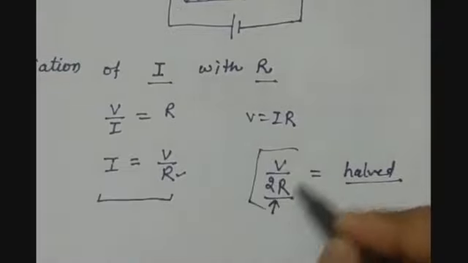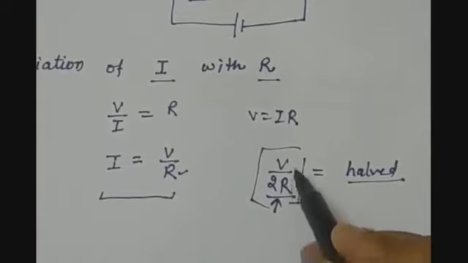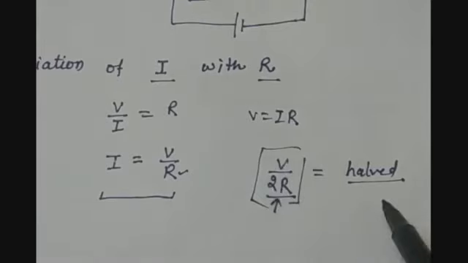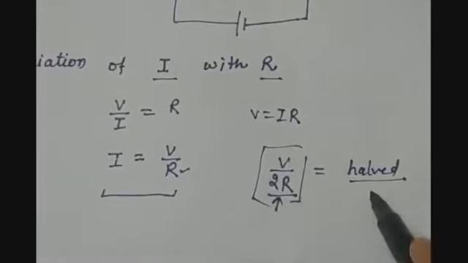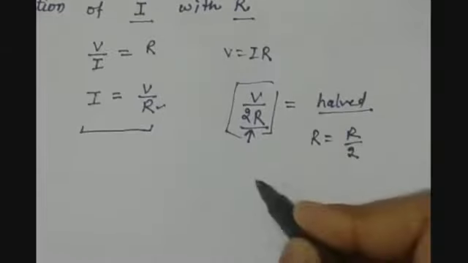What is happening to this overall value? Because now this value is becoming larger, the overall value will come lower. So the current will be halved. If we make resistance R by 2, what will happen?